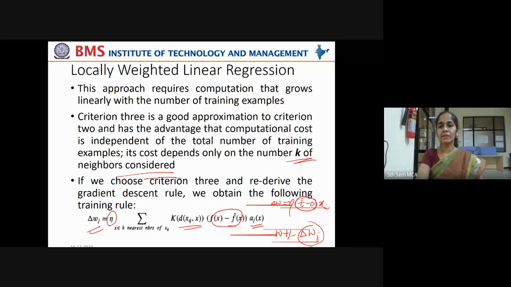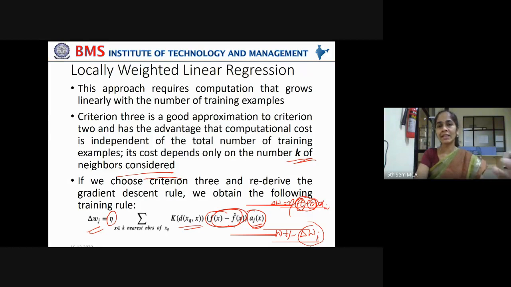Now t minus o, the prediction error, also is represented by f(x) minus f cap of x, where f cap of x is the predicted value, which is same as o, and f(x) is the existing value, which is same as t in this gradient rule, right? And xi is resembling aj of x, that is the input.